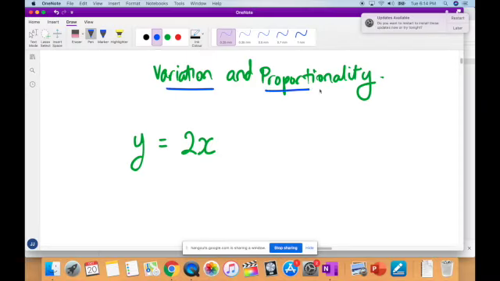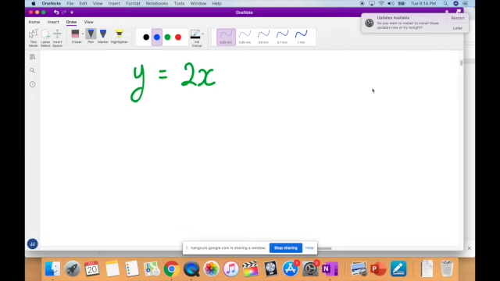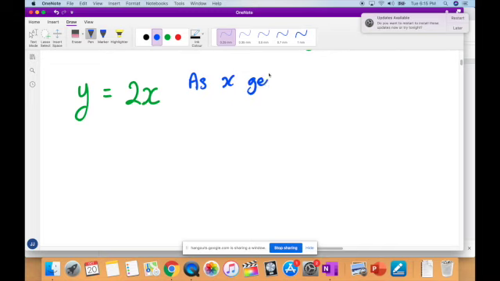Variation and proportionality. Let's take a look at this equation first of all. Y is equal to 2x. And I have a question. The question is, as x gets larger, y gets what?